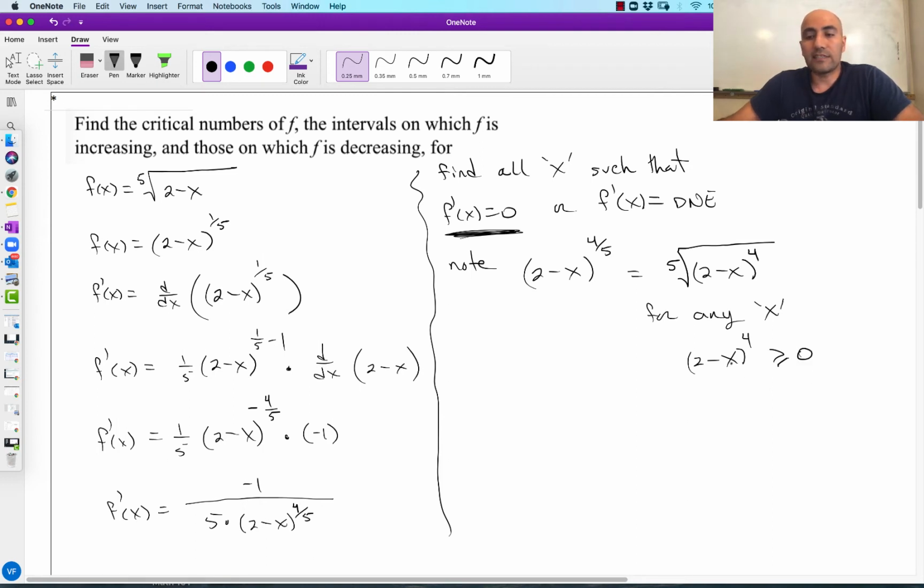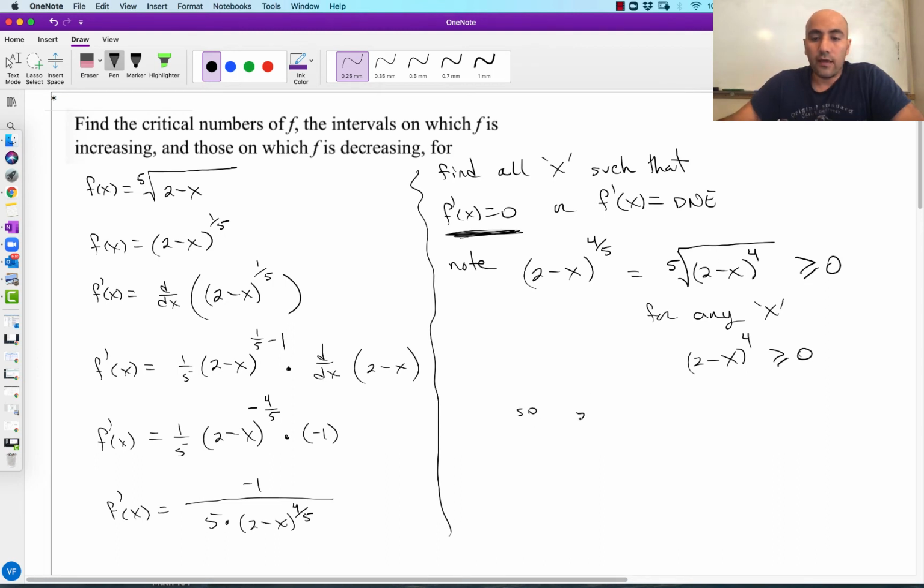Obviously, if we let x equal 2, that's an easy one. That'll be the 0. But otherwise, it doesn't matter what you choose for x, you're going to end up with a positive number. And if we take the 5th root of a positive number, we're going to get a positive number. So the point is that this is always greater than or equal to 0. There's no way we'll ever get a negative.